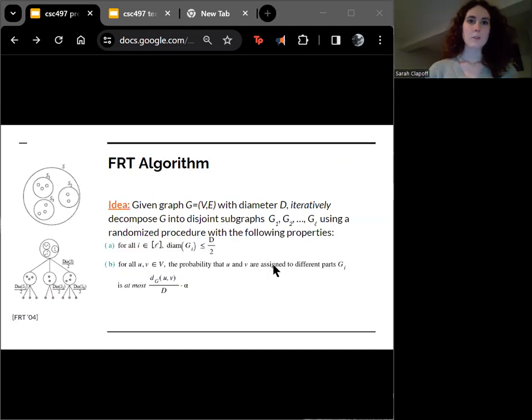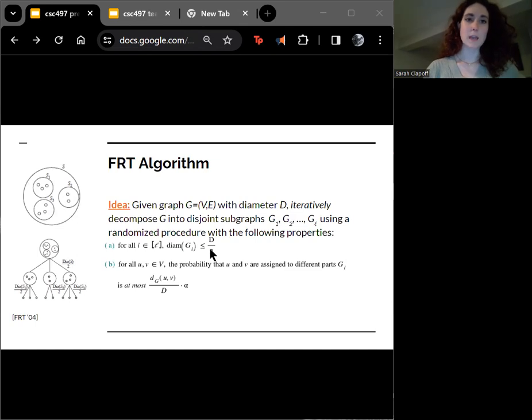So the idea for their algorithm is, given a graph with a diameter d, we're going to iteratively decompose G into disjoint subgraphs using a randomized procedure that has the following properties. This is the decomposition procedure, and we're going to talk more about this in a second. The properties are that in each step, for all subgroups, the diameter of that subgroup is at most d over 2.